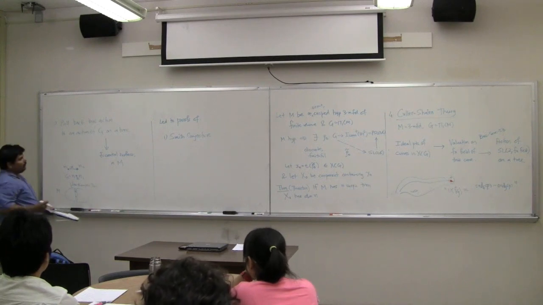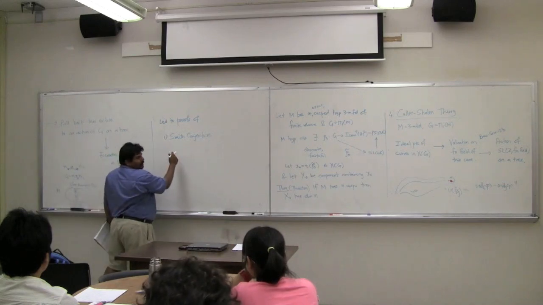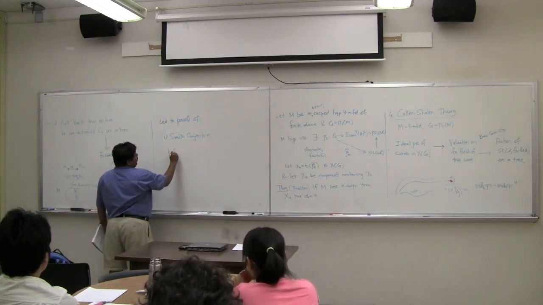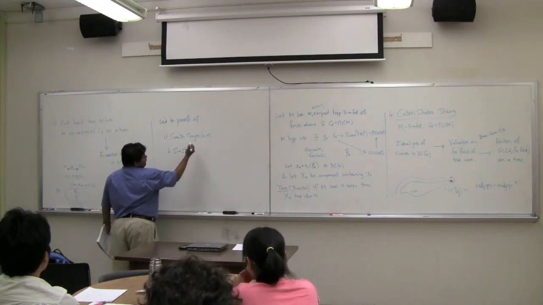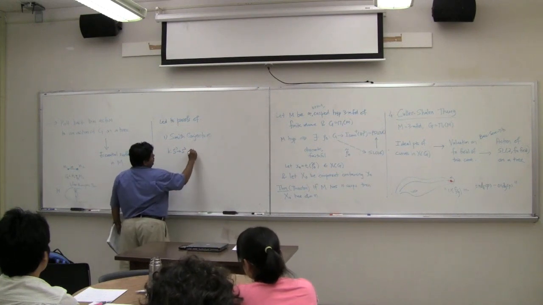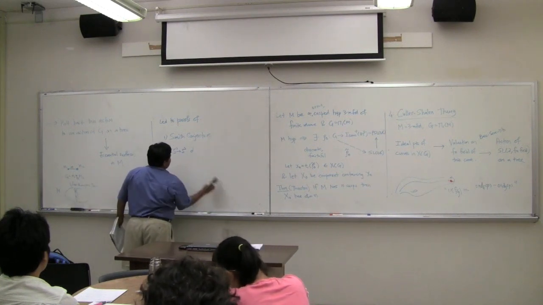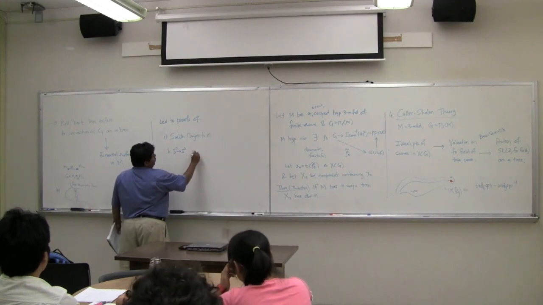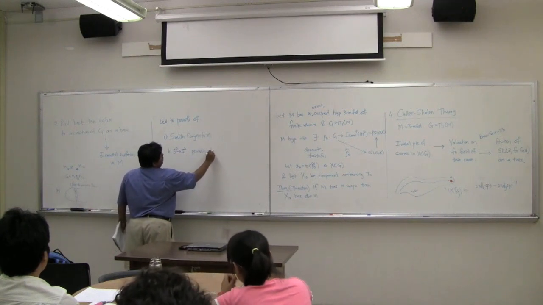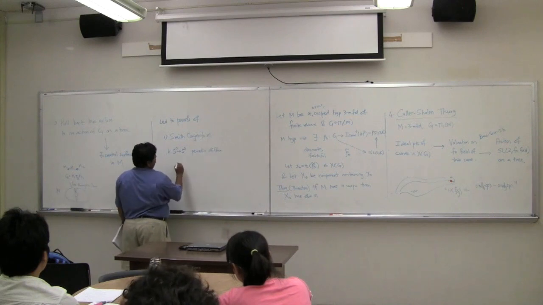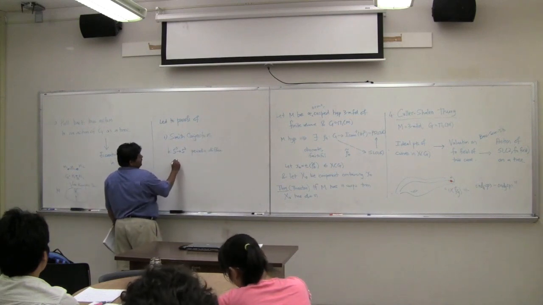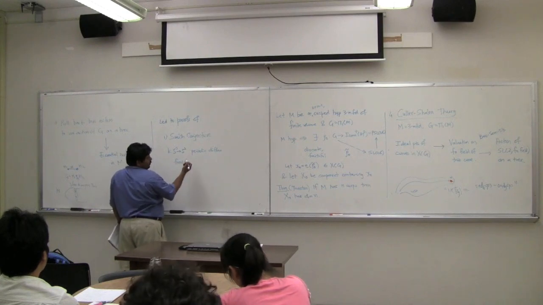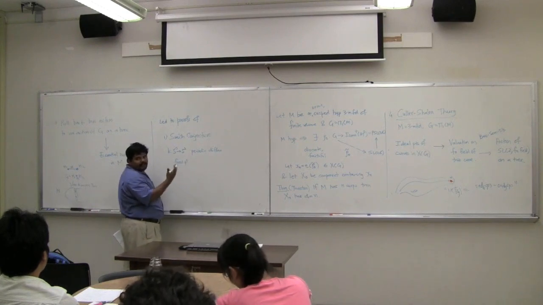The Smith conjecture says that if you have a periodic diffeomorphism, then its fixed point set is a trivial knot. It is known that the fixed point set is a knot, but the conjecture was that it's a trivial knot.